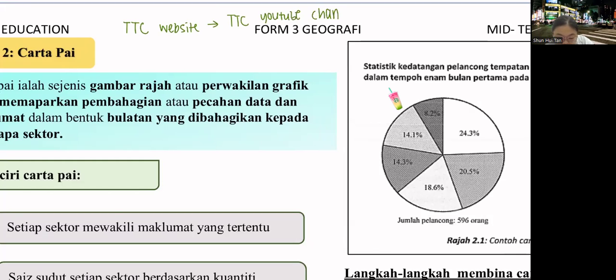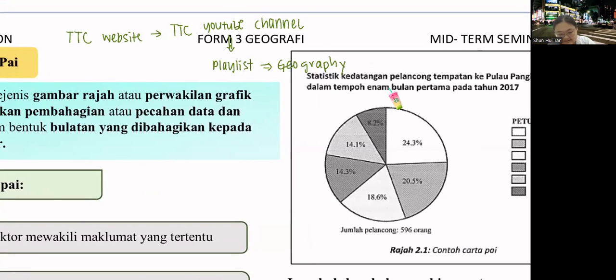And then from there, you can go to playlist and then go search geography. And then you go find the video form 3 2024.